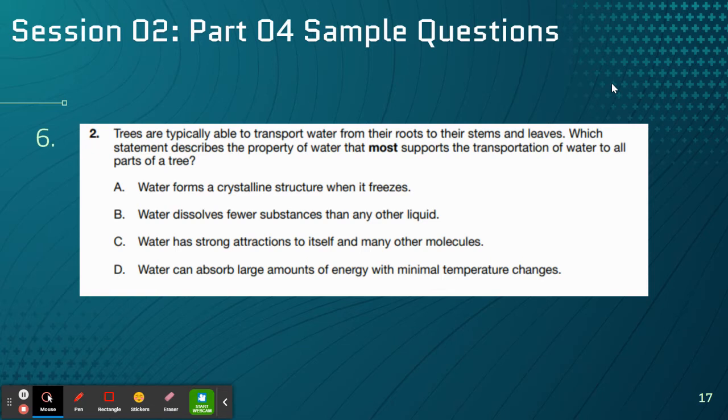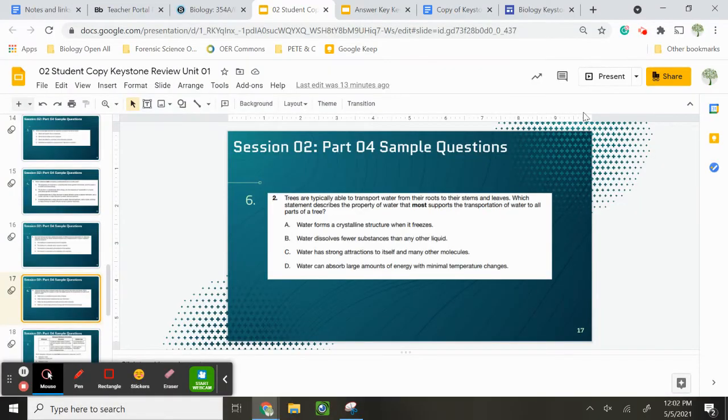Water forms crystalline structures when it freezes. Water dissolves fewer substances than any other liquid. Water has strong attractions to itself and many other molecules. Water can absorb large amounts of energy with minimal temperature change. Okay, let's take a minute to answer this in your Edpuzzle.